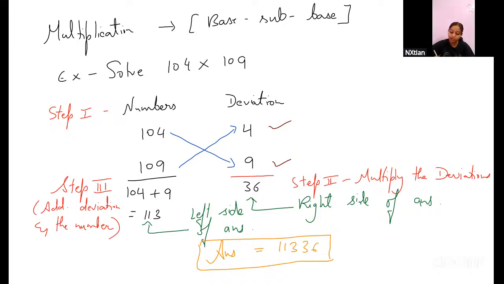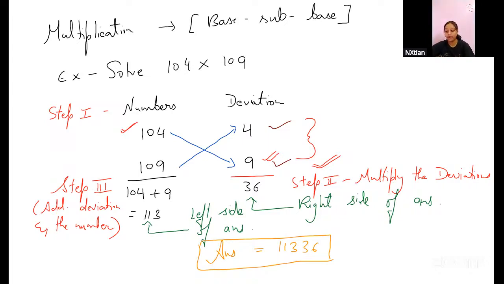Then the second step is we multiply the deviations, and we will get the right side of the answer. Then for the left side of the answer, we take the number and add it to the deviation in a cross manner, like 104 with 9 and 109 with 4.